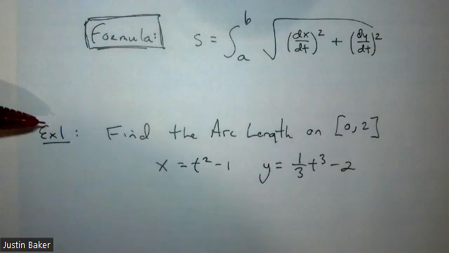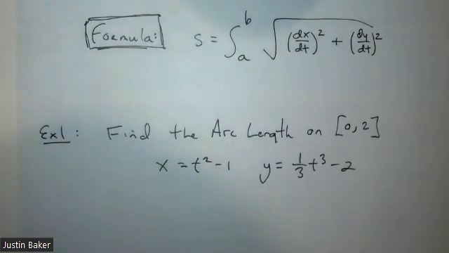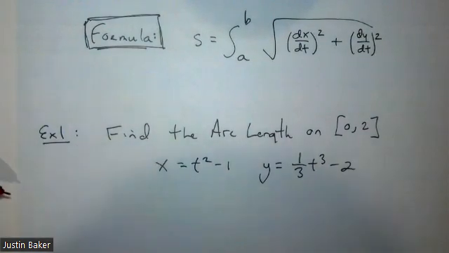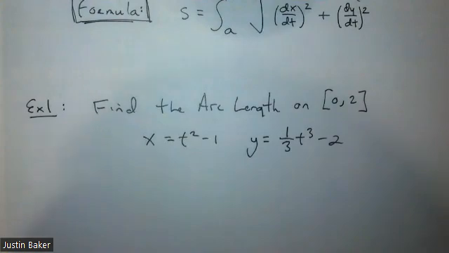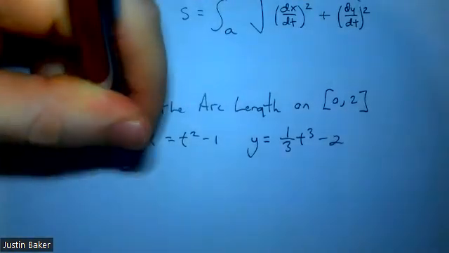So you'll see it says use calculator in my notes. Just get the setup, and then usually this free response or multiple choice involves plugging it into a calculator. So we should find dx dt and dy dt.